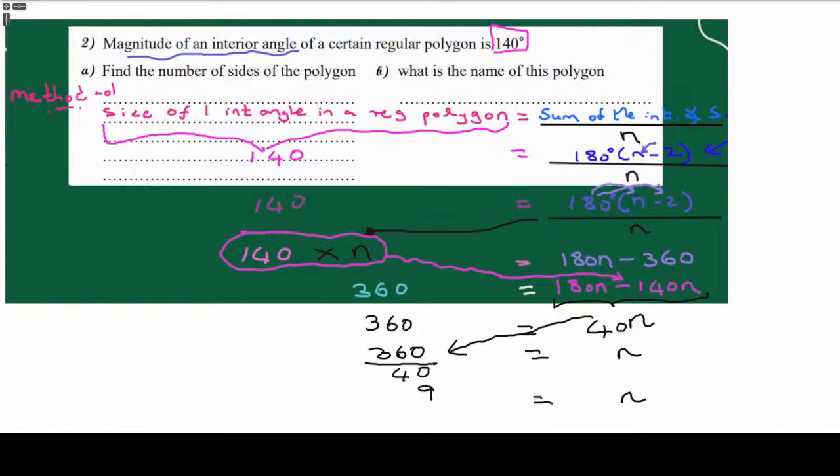This is one way of solving this problem. But since this method is quite long, we have another method. Let's look at the second method. Let's do method 2. Let's go to the next page.